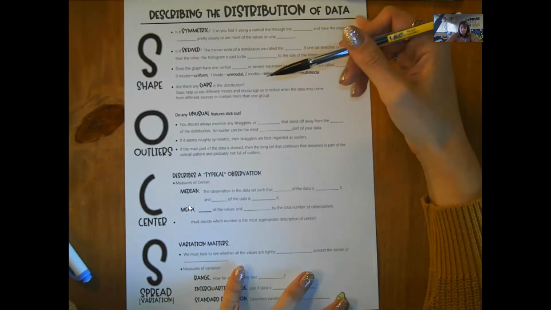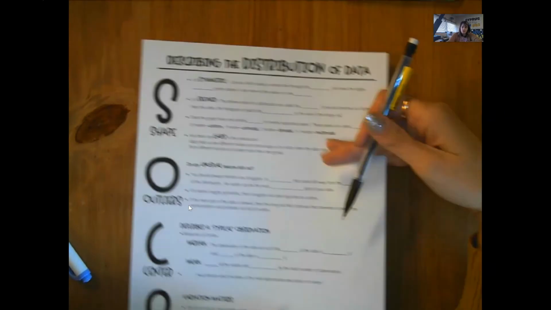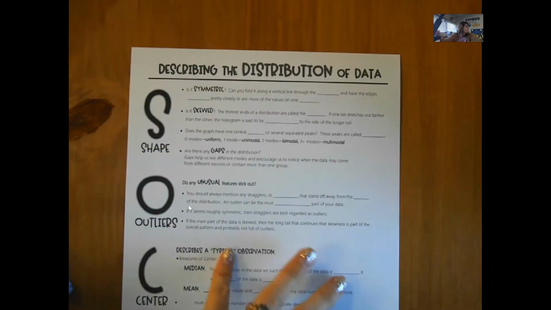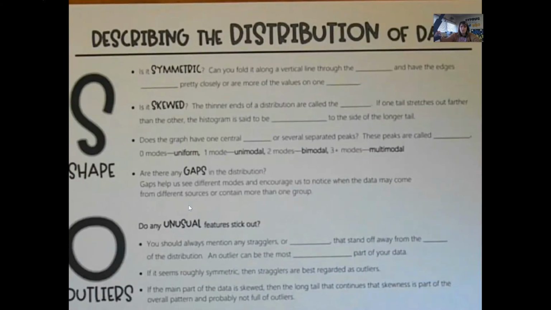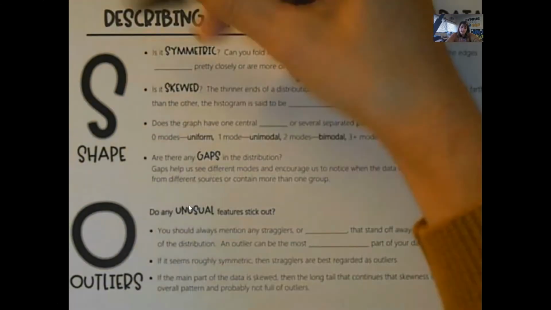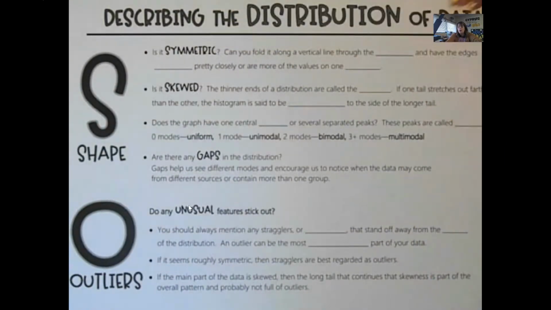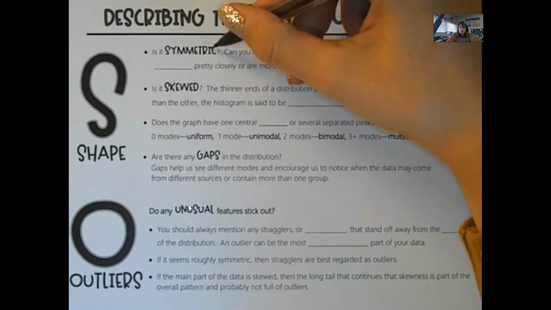So let's just get going on what they expect us to describe when asking about shape. So, is the distribution symmetric? So when we plot all of the data values and make a graph, is what we see symmetric?